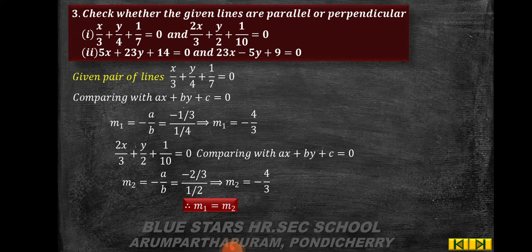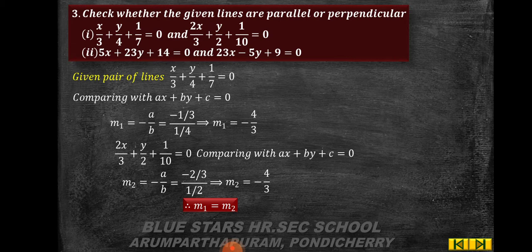Therefore, both m1 and m2 are equal. If two slopes are equal, obviously the two lines are parallel. If the product of two slopes is minus 1, then the two lines are perpendicular.